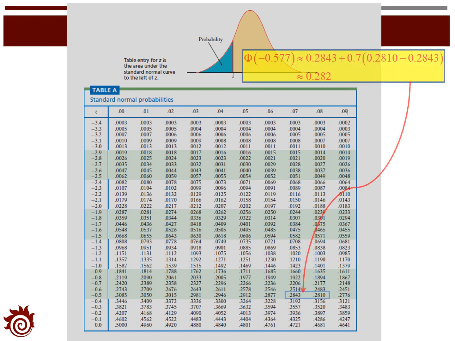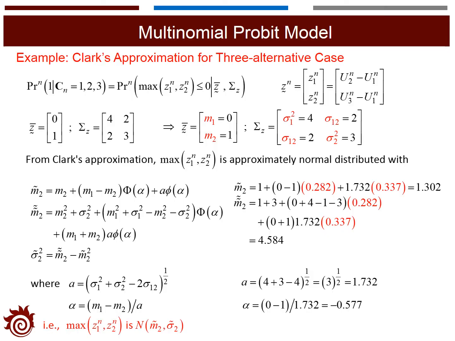For this case, the value is 0.282. With the value of capital phi alpha, we can find out the value of M2 tilde as 1.302 and M2 double tilde as 4.584. Then we are able to estimate the variance sigma 2 squared tilde as 2.89, which gives us sigma 2 tilde as 1.7.